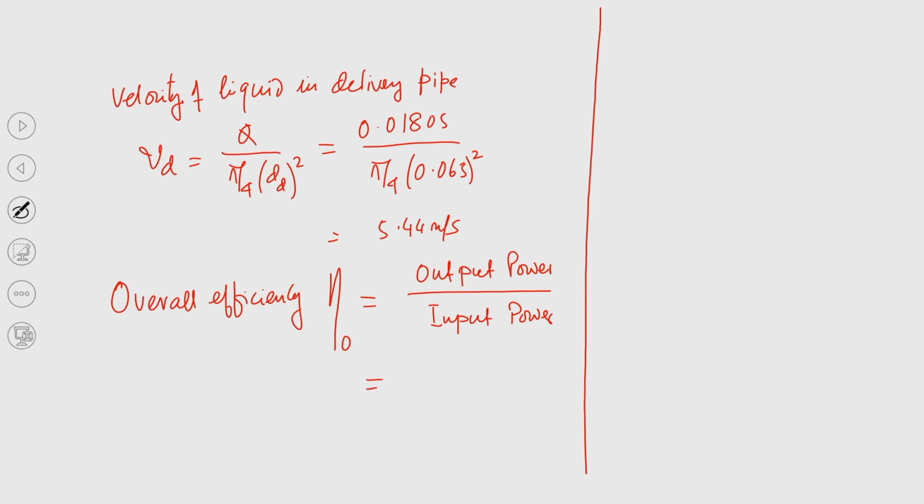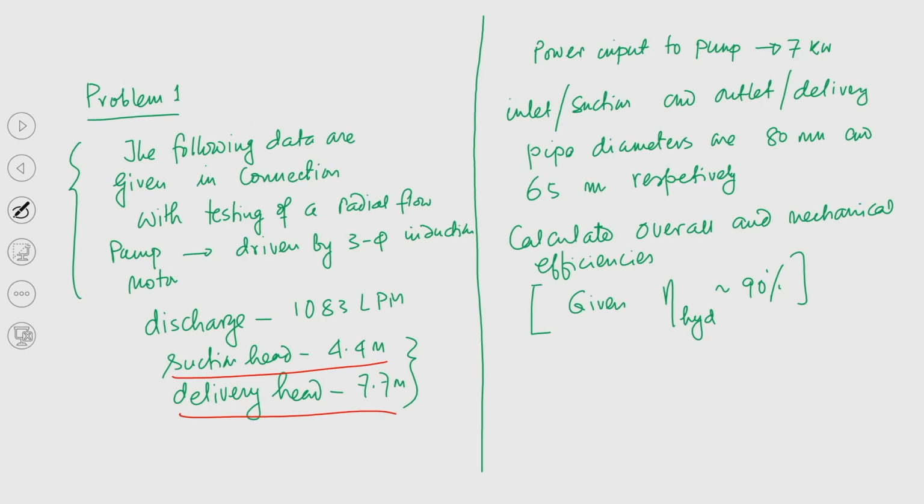I have discussed that: if the pump is delivering Q meter cube per second of liquid against a head of H, it is rho g Q H, divided by P in, and this P in is given as 7 kilowatt. If we go to the previous slide, this is P in.